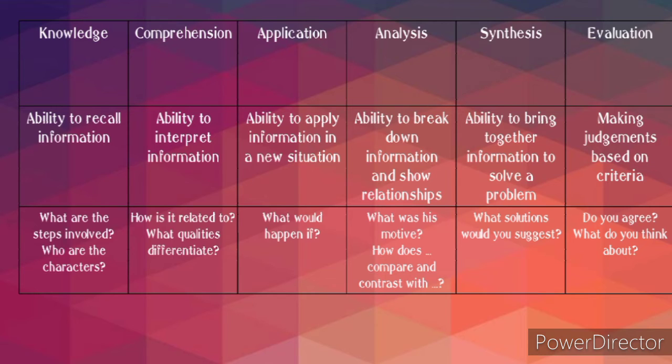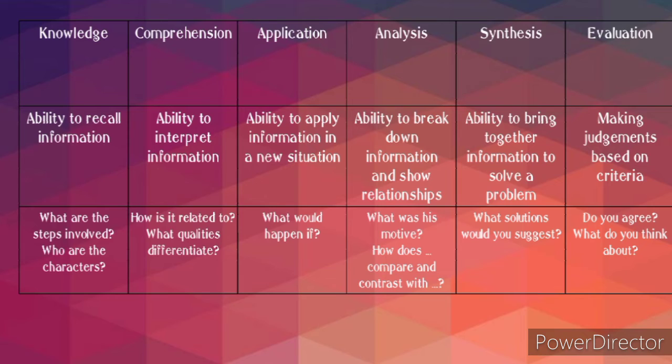And lastly, for evaluation, the test items would focus more on harnessing or strengthening the judgments based on criteria. Now, a question can be, do you agree with the character or the writer? Or what do you think about what the character did? And so on.